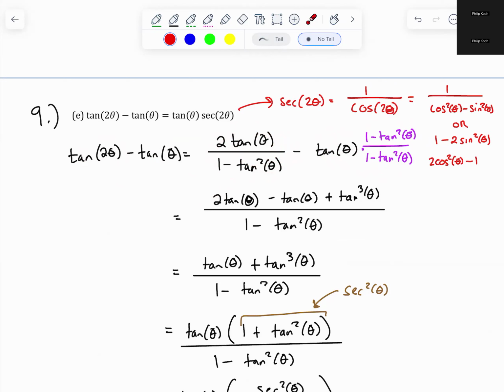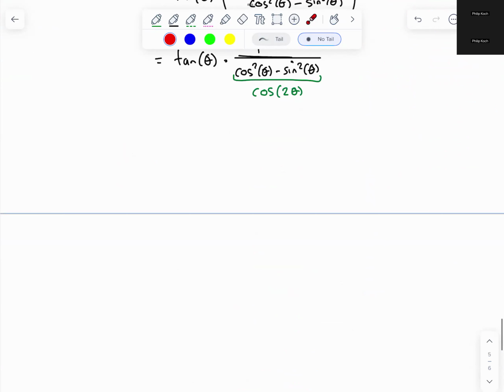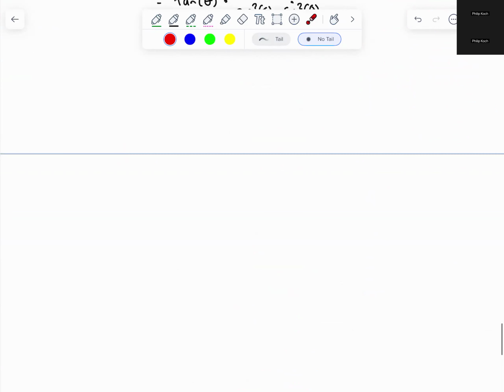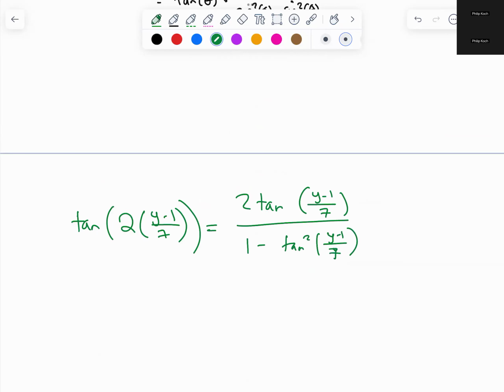Well, the variable doesn't matter. Honestly, that brings up a good point. The identities are always true, regardless of what x is, so I can substitute whatever I want. In fact, if I had tangent of 2 times y minus 1 over 7, this could be converted to 2 tangent of y minus 1 over 7 over 1 minus tangent squared of y minus 1 over 7.